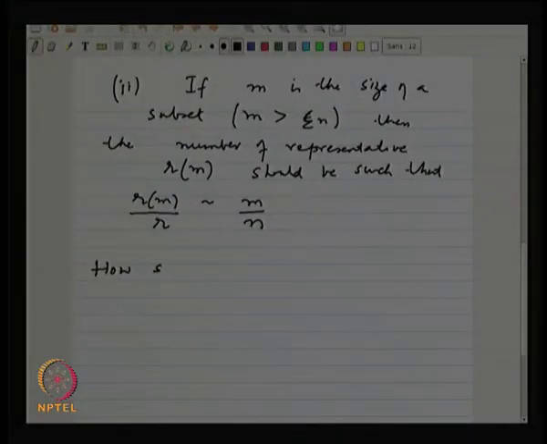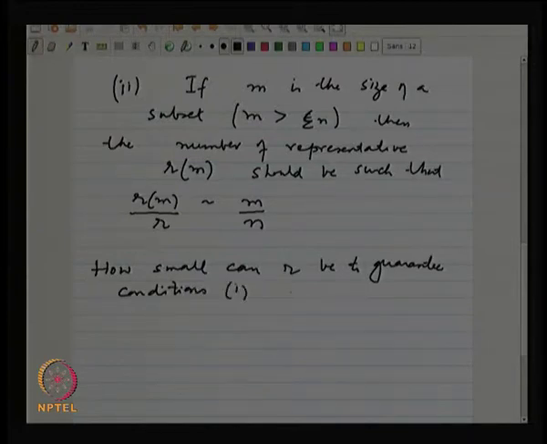So, the question really here is, how small can R be to guarantee these things? Well, there will be two different bounds presumably for condition 1 or condition 2.